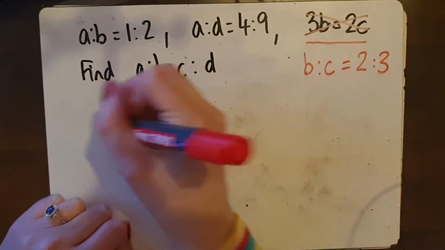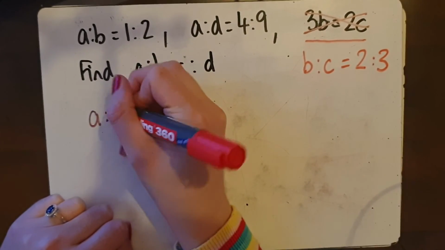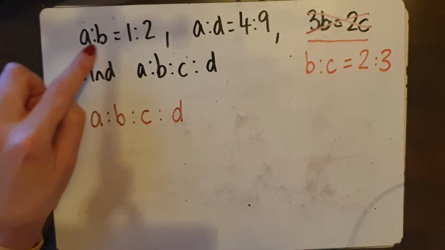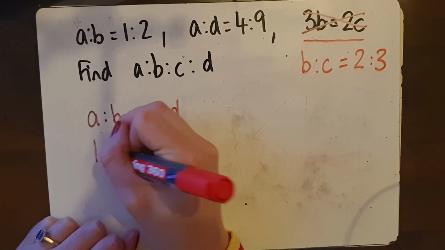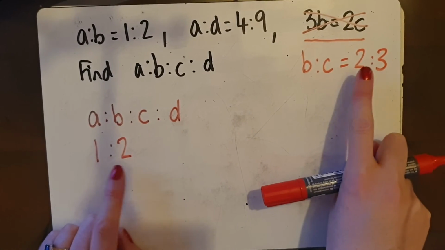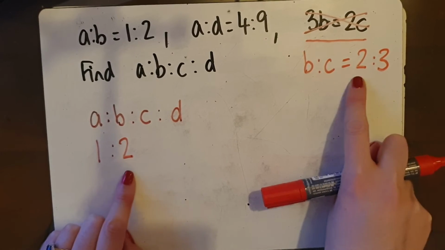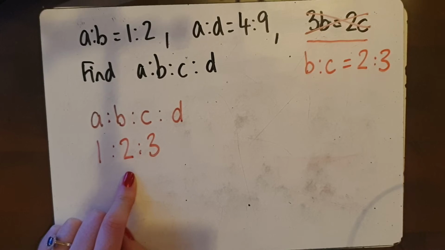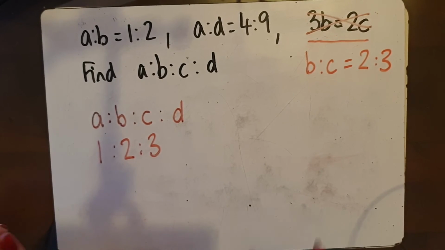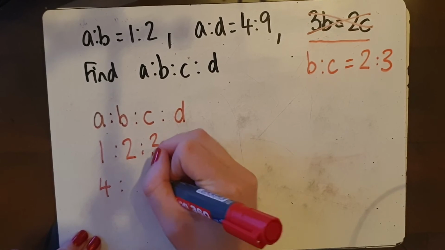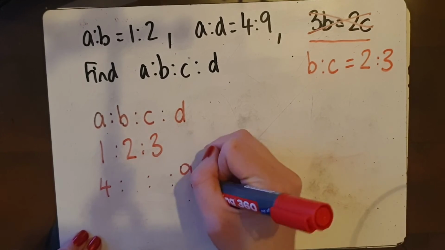So we want A to B to C to D. We've got A to B as 1 to 2. And we've got B to C is 2 to 3. Now because these match already, we can just put that 3 here, straight away. Now we've also got that A to D is 4 to 9.